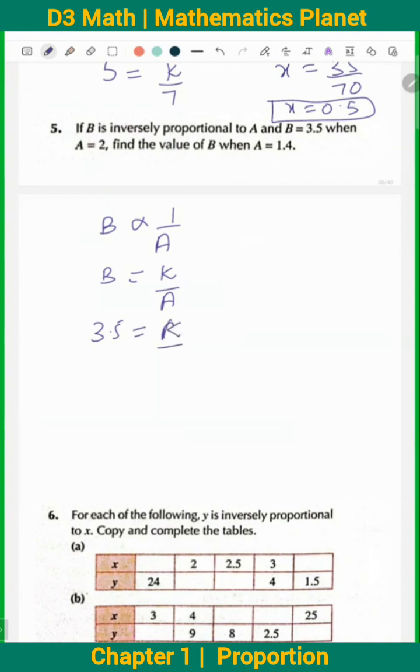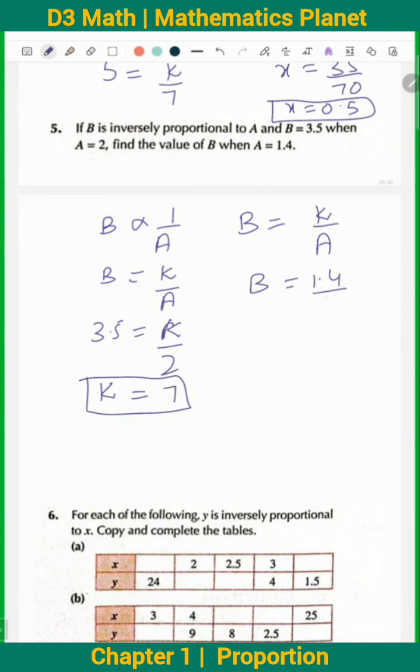So what will be the value of K? 7. Find the value of B when A is equal to 5. So B is equal to 1.4 by 7.